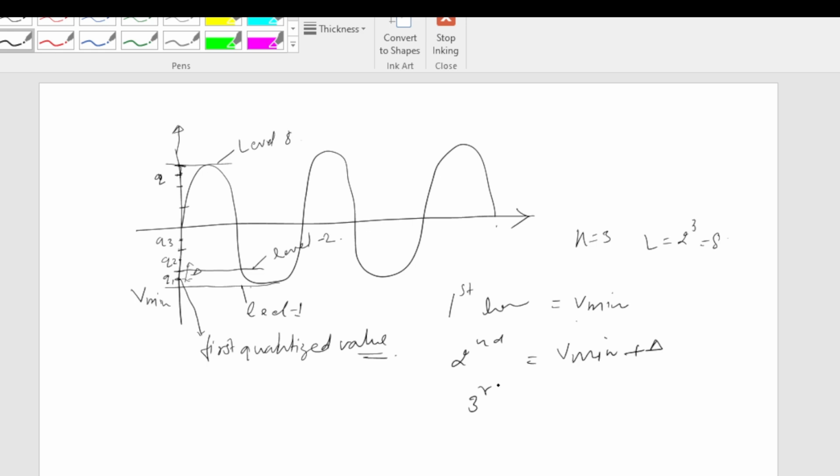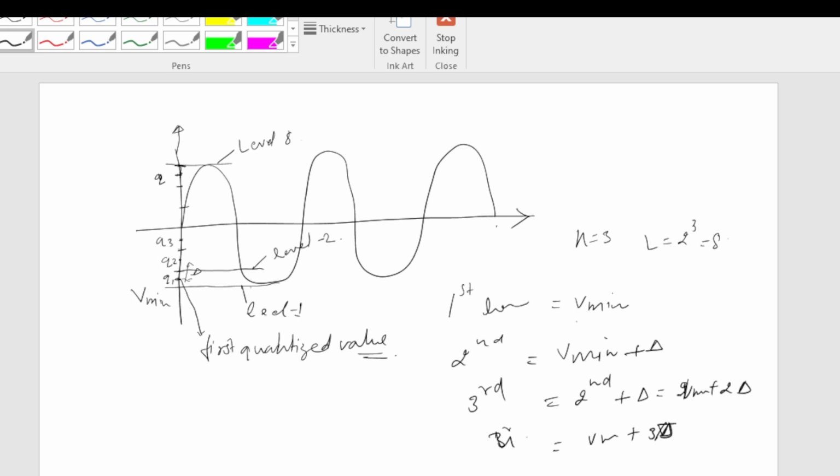Similarly, the third level can be defined as the second level plus delta, or you can say Vmin plus 2 delta. The fourth one is Vmin plus 3 delta, like that. So you can define the first level, second level, for the partition part.